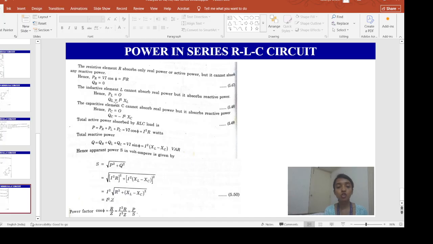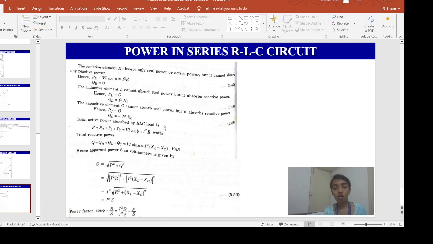So the power consumed by the inductive element, QL, will be I square XL, and the capacitive element also can't consume any real power or active power, but it will absorb only the reactive power. So here QC will be minus I square XC, since, as I told, the reactive power across the inductive element is positive and across the capacitive element is always negative.